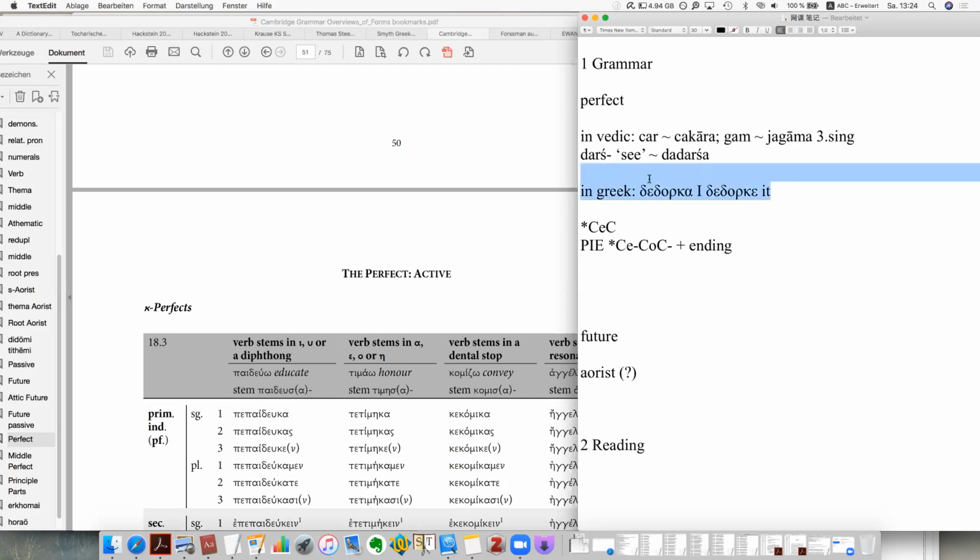Based on these two models, we know that in Proto-Indo-European we have reduplication, then the o-grade of the root, and then you add the ending. This is what we also discussed last time.